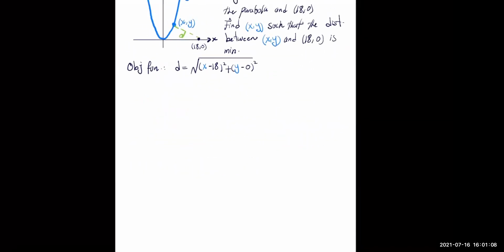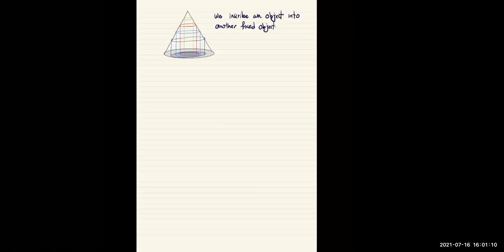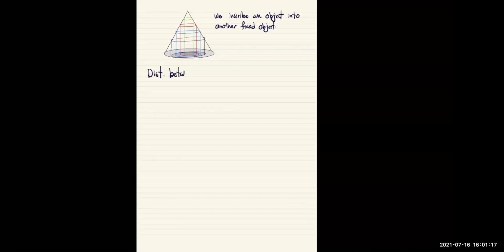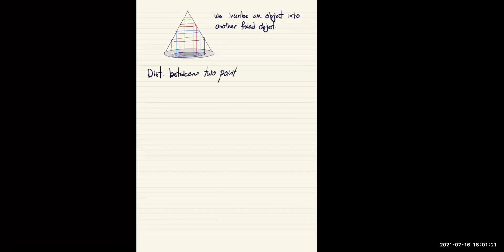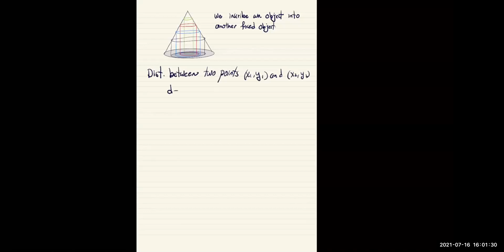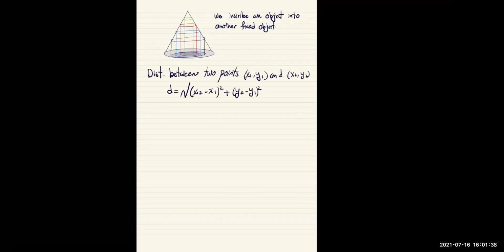Let me write that in the notes here. The distance between 2 points (x1, y1) and (x2, y2) is given by this formula: the square root of (x2 minus x1) squared plus (y2 minus y1) squared.